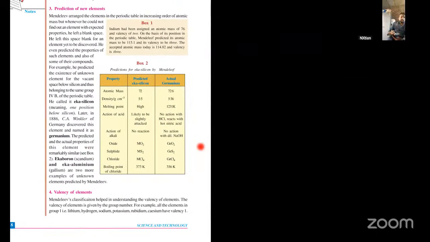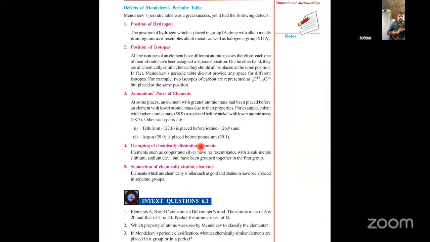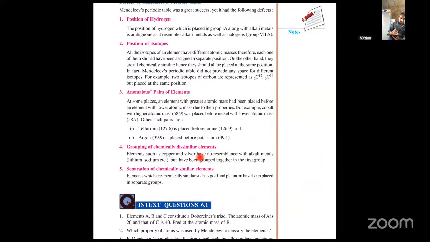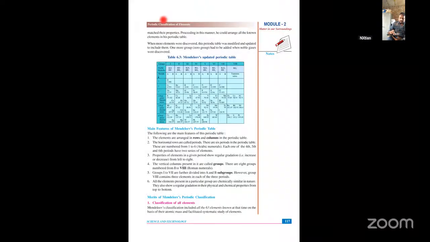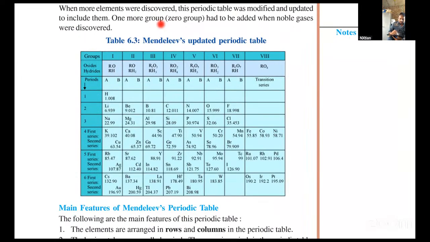Now this table also got rejected because it has some defects. What are the defects? First is the position of hydrogen. You can check that hydrogen is placed in the first group. Now I told you that boron, aluminium, scandium, gallium, indium all have similar properties.